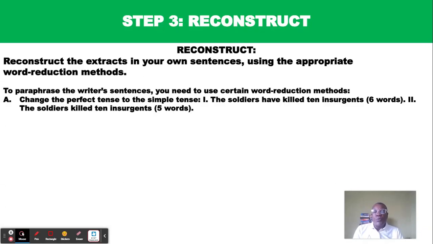Now, one of the word reduction methods is to change the perfect tense to the simple tense. For example, the soldiers have killed 10 insurgents. You have 6 words. If you change it to the simple tense, you simply reduce a word, and that is the soldiers killed.